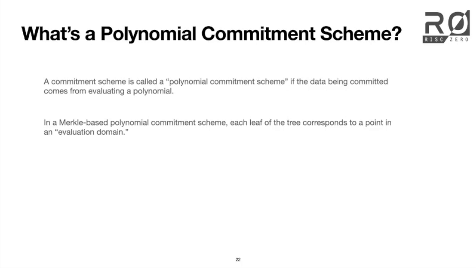So the way that our commitment schemes work with Merkle trees is each leaf corresponds to some evaluation point, and the contents of that leaf are the evaluation of the polynomial at that point. Questions? This is maybe up there with the most technical few sentences in the presentation.